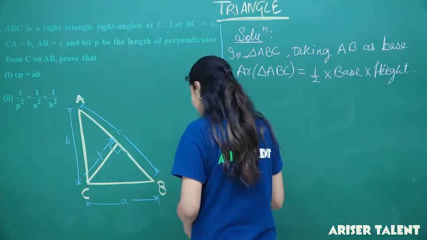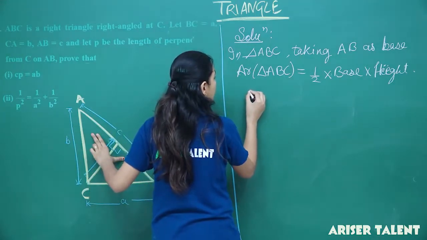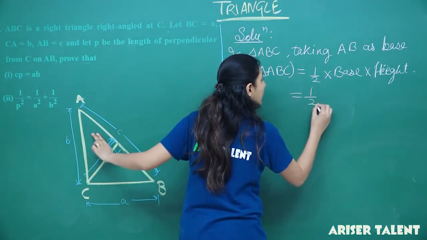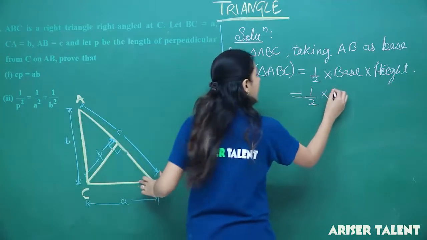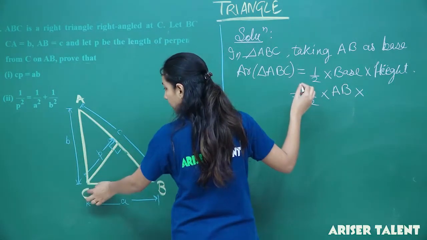Now, if this is base, that will be AB, and that will be height. Height is this.